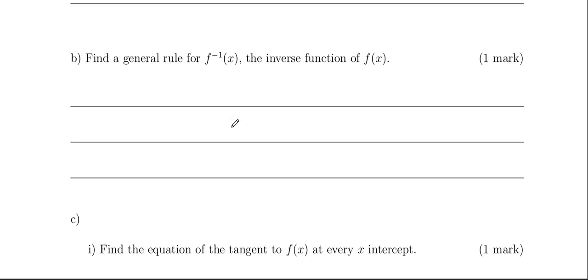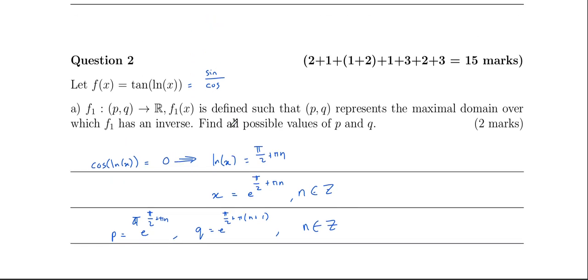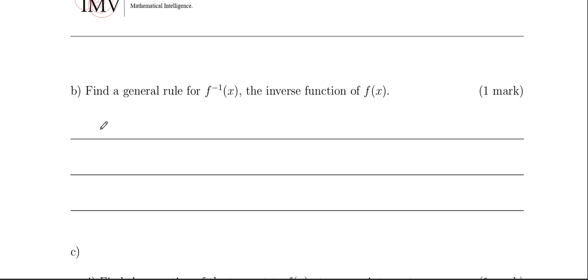Find a general rule for f of -1 of x, the inverse function of f of x. Okay, so x is equal to tan of ln y, which means that ln of y is equal to arctan of x plus pi n, n is an integer.